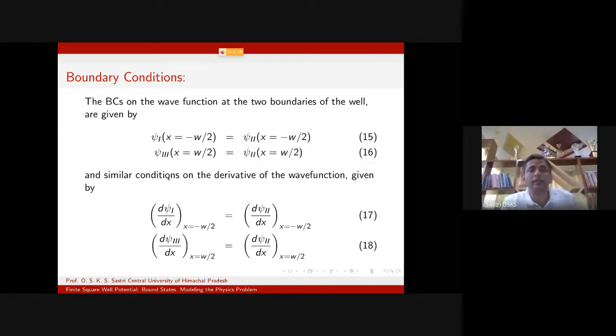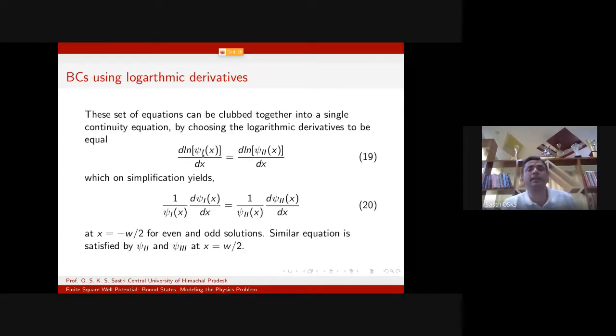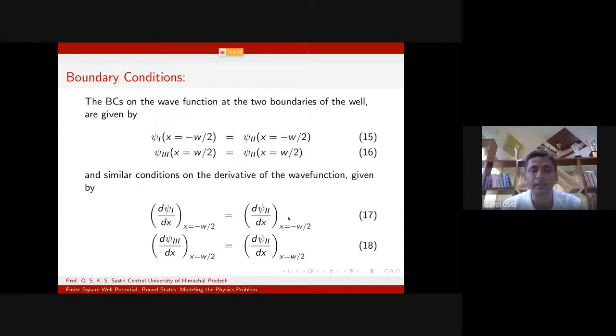Now we can club these two conditions by posing a condition like this: d by dx of the logarithm of psi1 should be equal to d by dx of the logarithm of psi2. When you take this, you get 1 by psi1 into d psi1 by dx should be equal to 1 by psi2 into d psi2 by dx. So it is as if we are combining the two conditions.